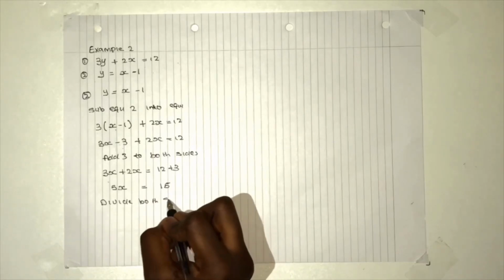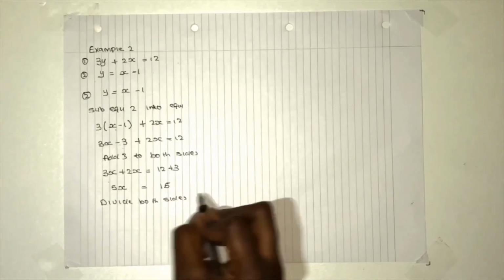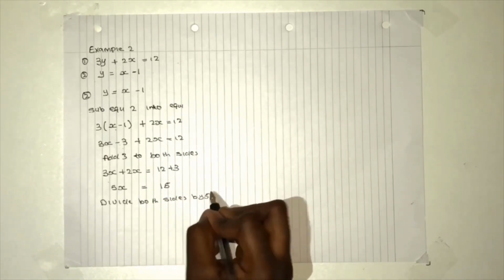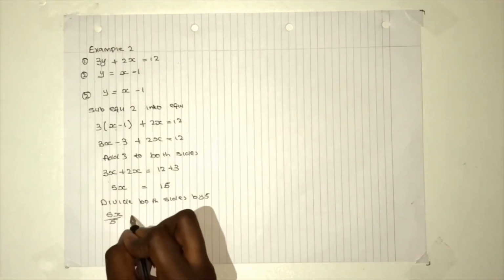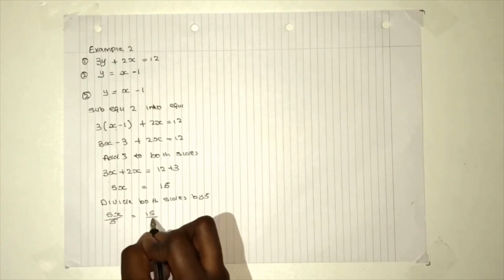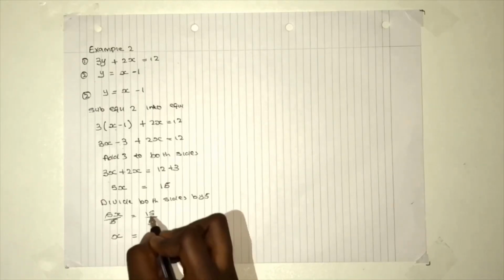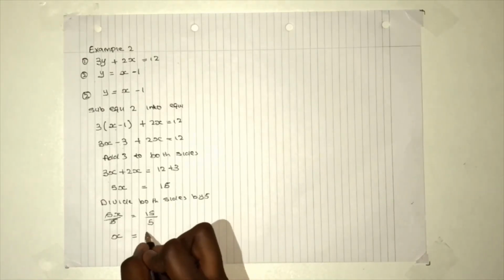Divide both sides by 5. So we have 5x over 5 equals 15 over 5. When you divide both sides, 5 cancels 5, so we have x, which equals 5 goes in 15 3 times. So x is equal to 3.